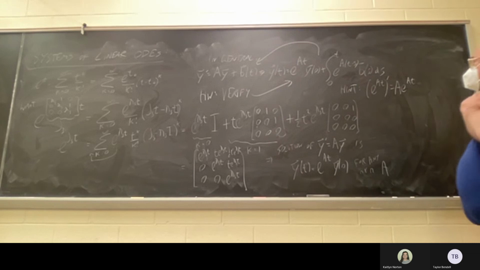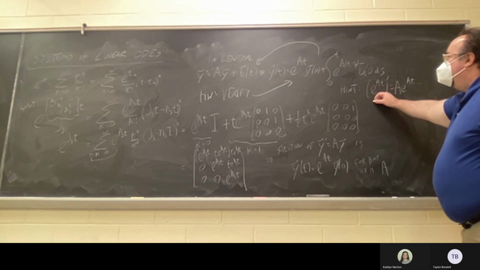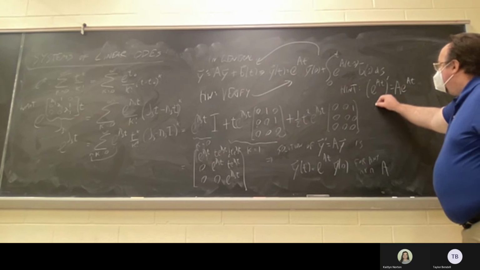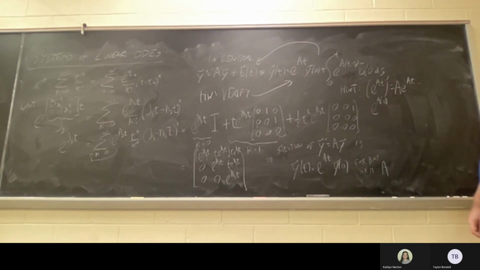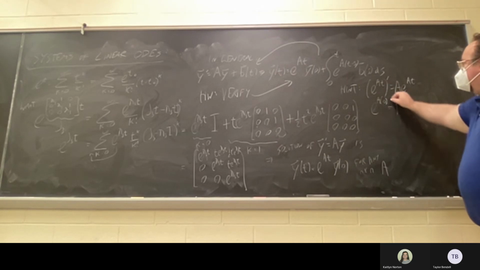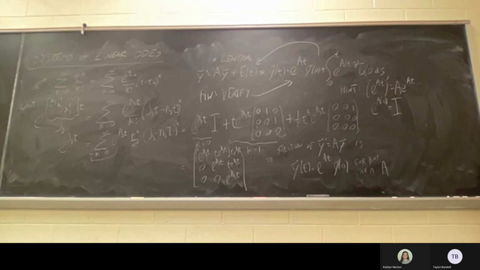Also, another key property of e to the at is that when you plug in t equals 0, e to the 0 is 1, so that would be the identity matrix. Those are the essential properties that can be used to define the matrix exponential, and they will be helpful here.